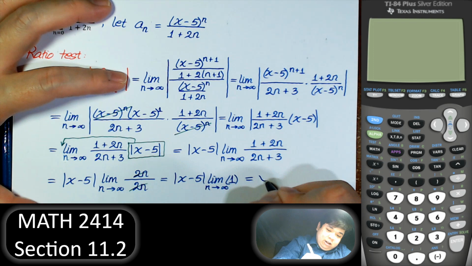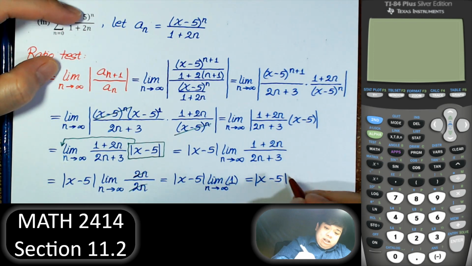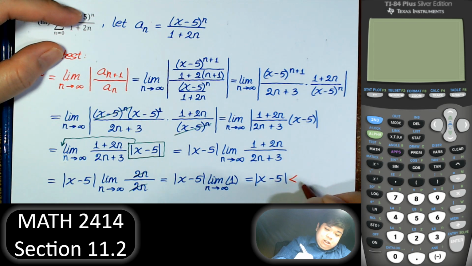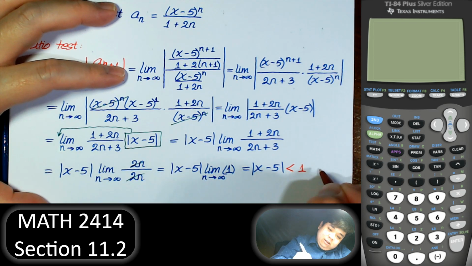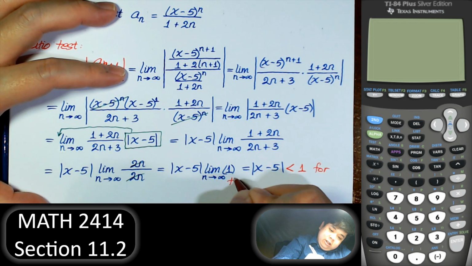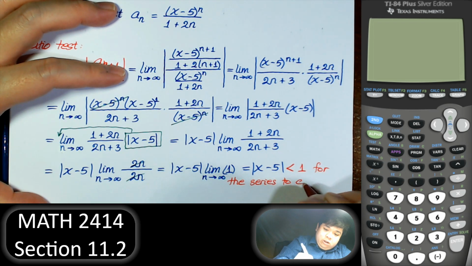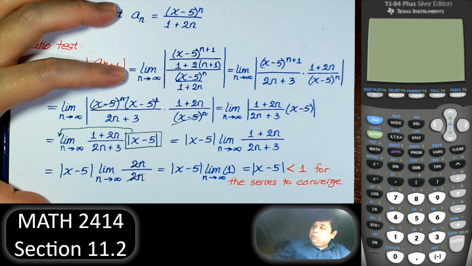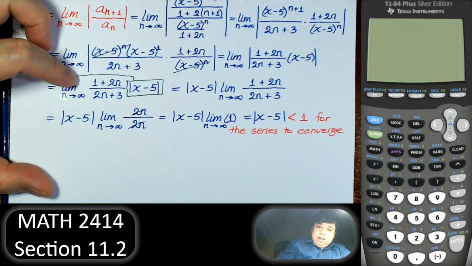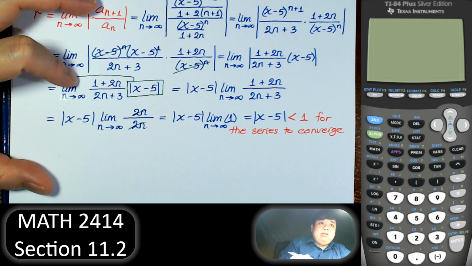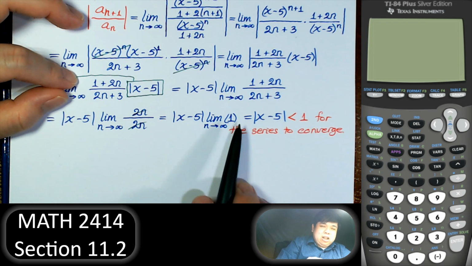So we have x minus 5 in absolute value. And the ratio test says that if we want the series to converge, the ratio has to be less than 1. So we have absolute value of x minus 5 less than 1.